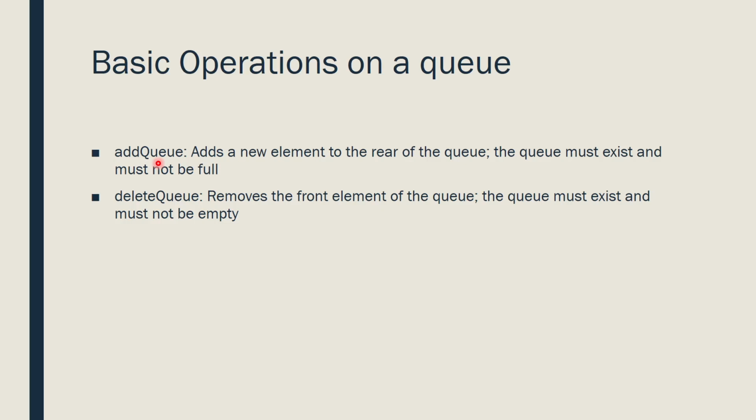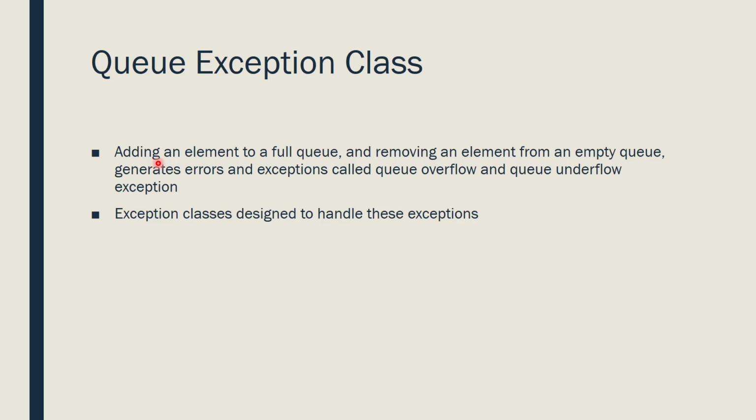But before removing an element from the queue, which is to be done at the beginning or at the head of the queue, the queue must exist and must not be empty, because you cannot remove from an empty queue. What item is to be removed if your list is empty? For that, you can encounter a queue underflow exception.